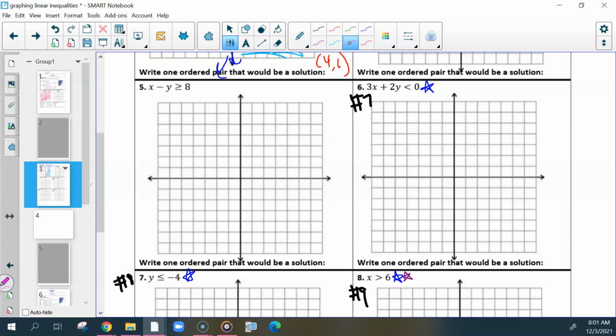Subtract x from both sides, and divide both sides, or everything, by -1. So our new inequality would be y is less than or equal to, because my sign flips, positive x minus 8.